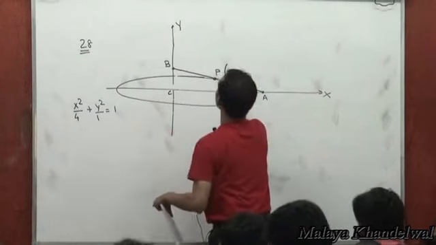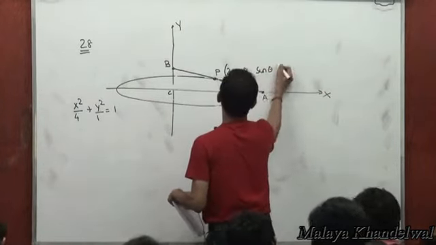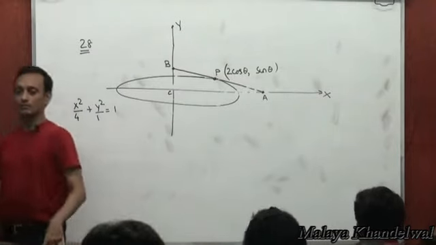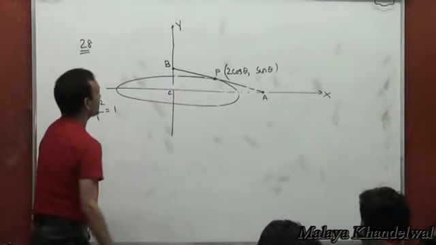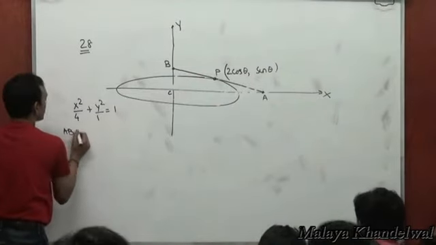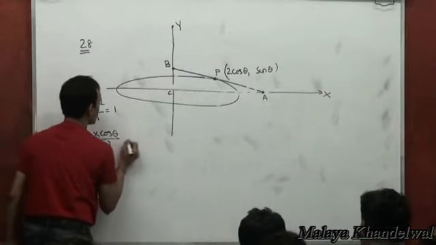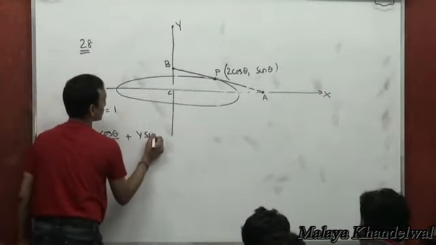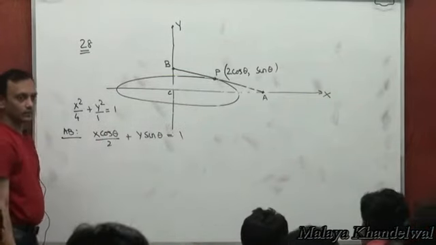This P can be written as, let's say, x equal to 2 cos theta, y equal to 1 sin theta, right? Then the equation of the tangent AB is going to be x cos theta by 2 plus y sin theta equal to 1, right?